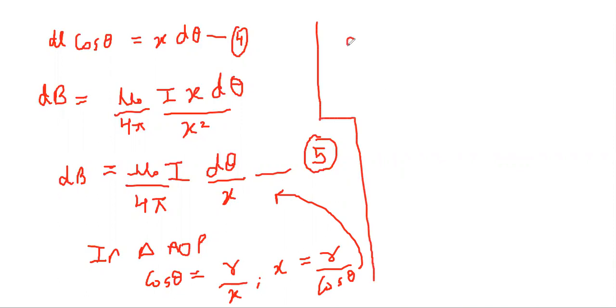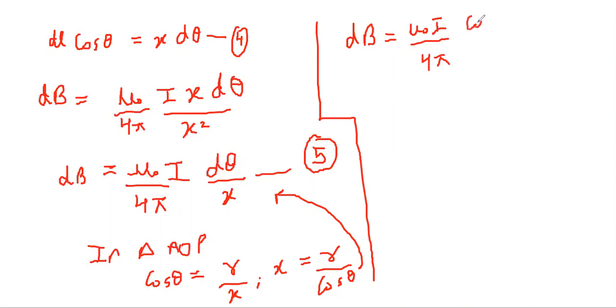You will get dB is equal to mu naught I by 4 pi, d theta by x. X can be written as r by cos theta.